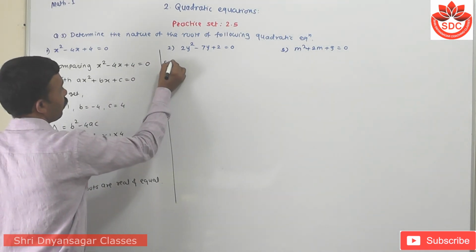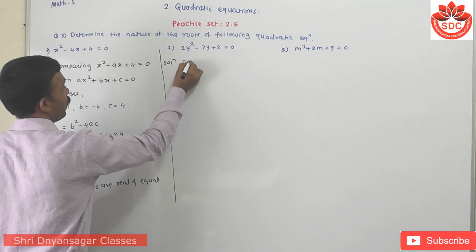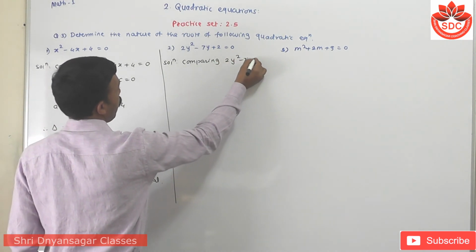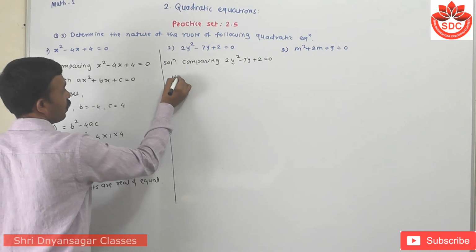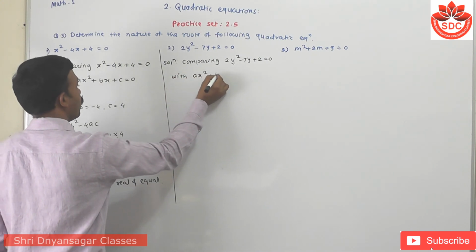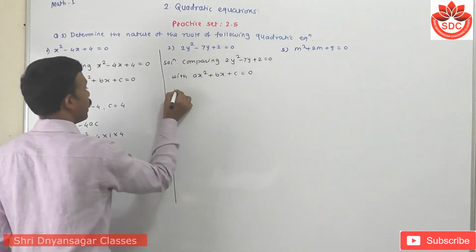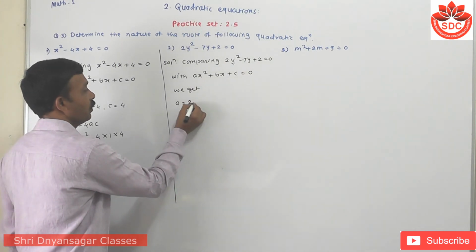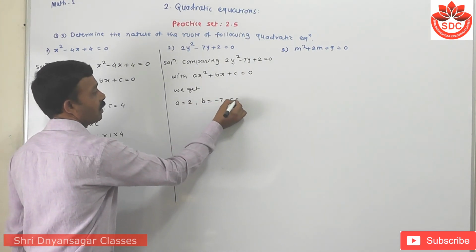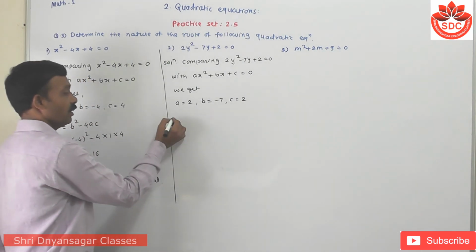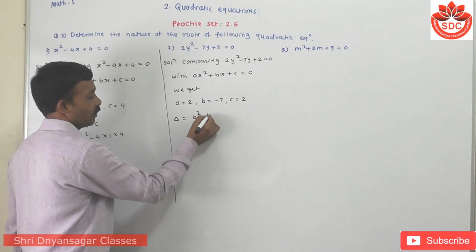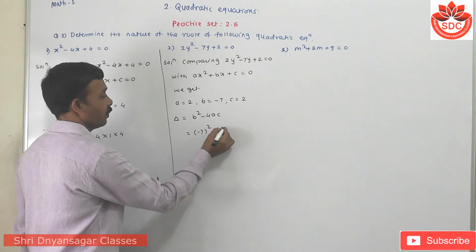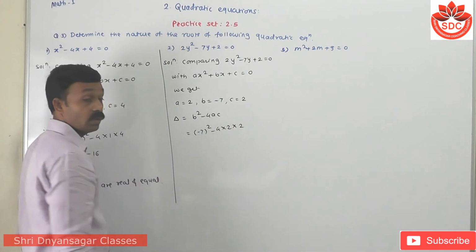Okay, then we will take the second one. Comparing 2y square minus 7y plus 2 equals 0 with the standard form ax square plus bx plus c equals 0, we get a is 2, b is minus 7 and c is also 2. Then delta is b square minus 4ac, which is minus 7 square minus 4 into 2 into 2.